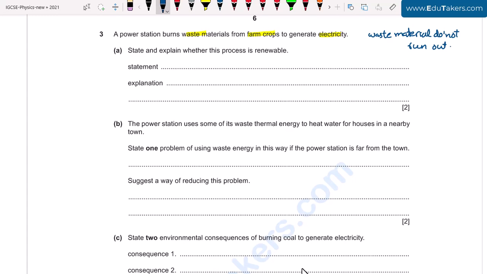I write here yes. So we can use this process again and again. So it's renewable. And the explanation is that the crops can be regrown.